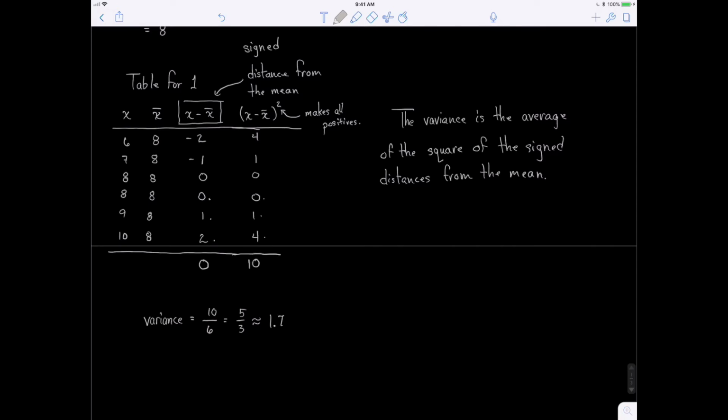We'll just round it to 1.7. Now, we have a symbol for it, and we're going to correct this, or put some more criteria on this a little later. But for now, we're going to represent the variance with this Greek letter, sigma, and we square it. Sigma squared, that's the Greek letter sigma. And we write sigma squared for variance.